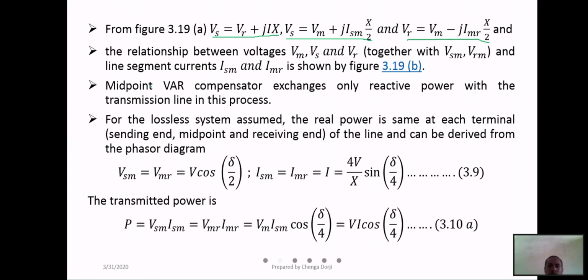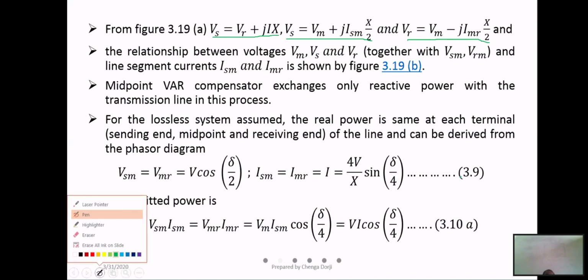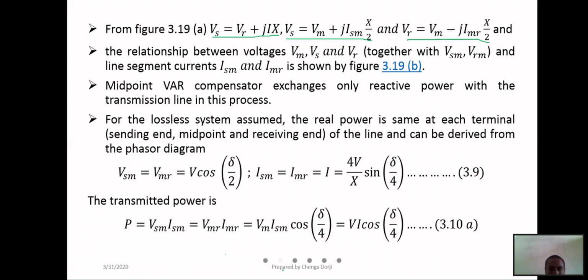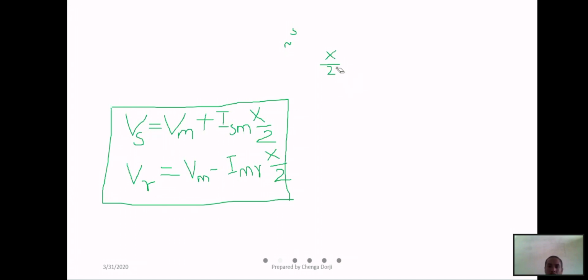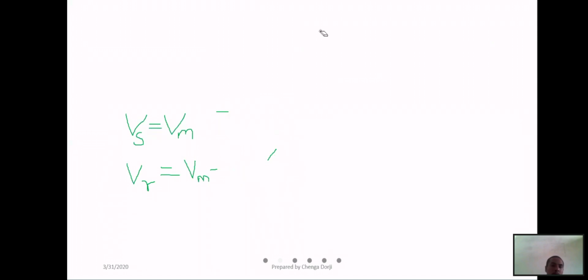Now draw the phasor diagram, everyone. Drawn?